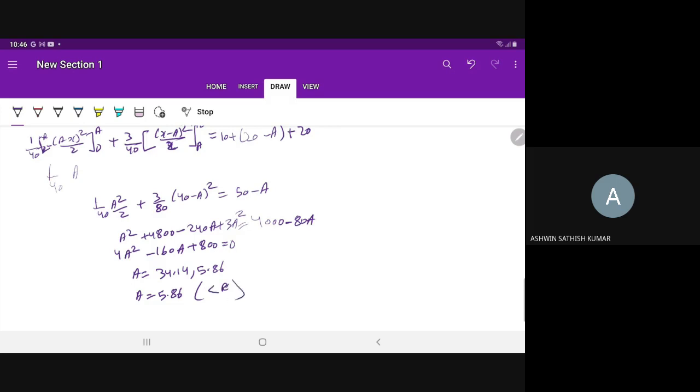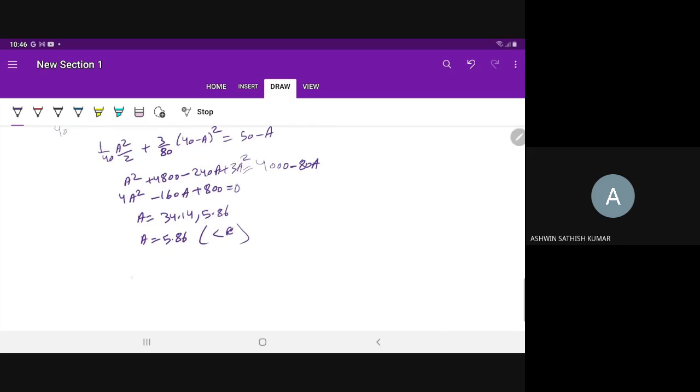Because the order point cannot be greater than the desired inventory level, and the desired inventory level is 20. So we take the order point A less than R star. So now from here we can conclude: if I is less than A, place an order of quantity R star minus I. If I is greater than or equal to A, do not place an order.